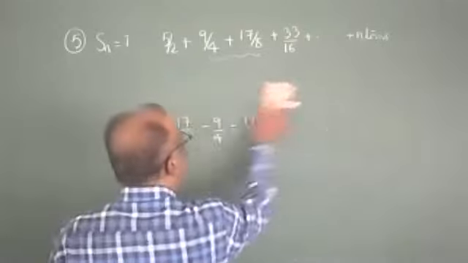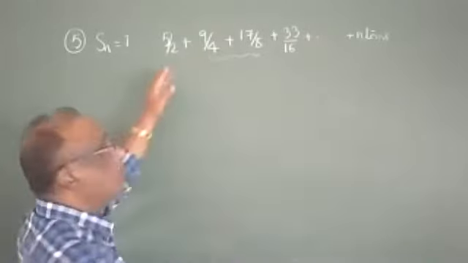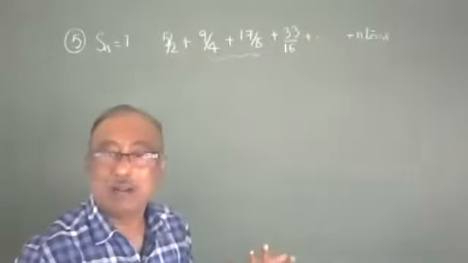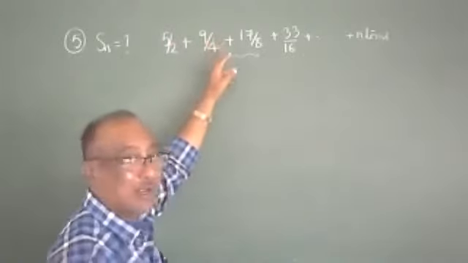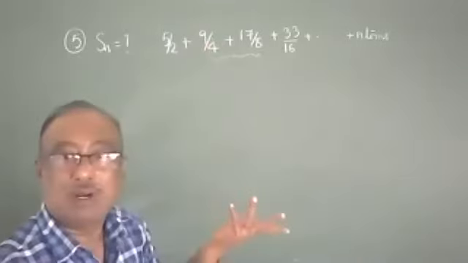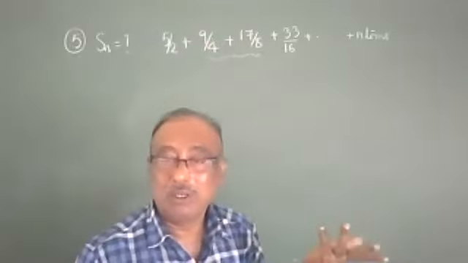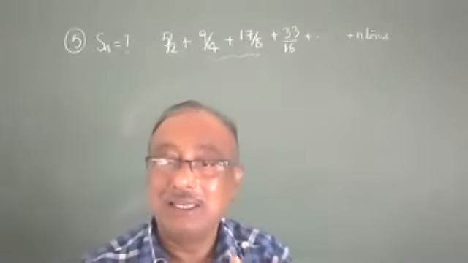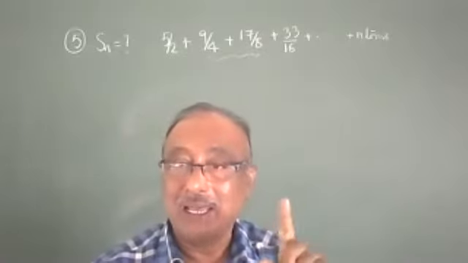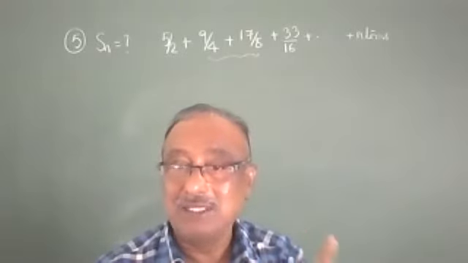GP we can see. It is multiplied by the same number. Here it is 1 by 4, here it is 1 by different numbers. What is the multiplication? You don't know. Therefore, it is neither in AP nor in GP. Okay? Neither in AP nor in GP.